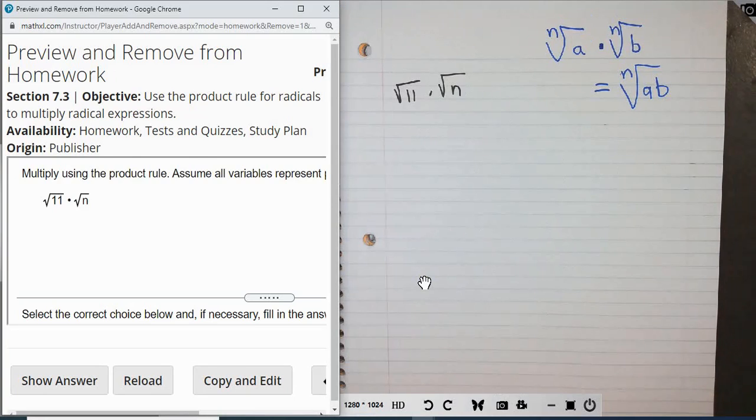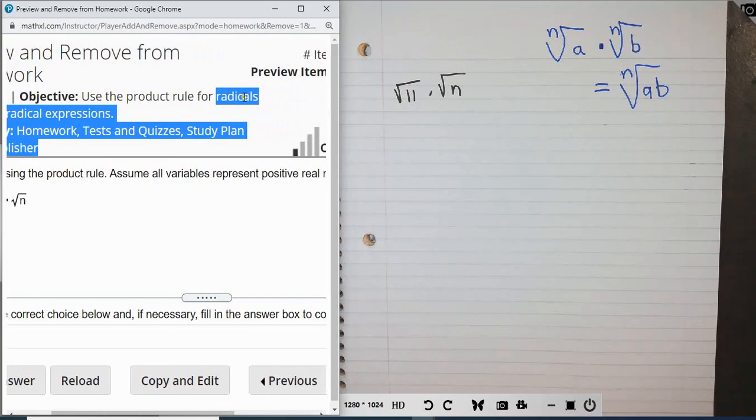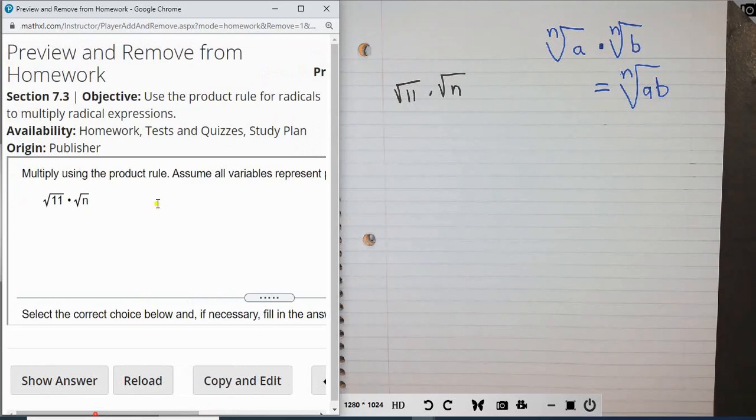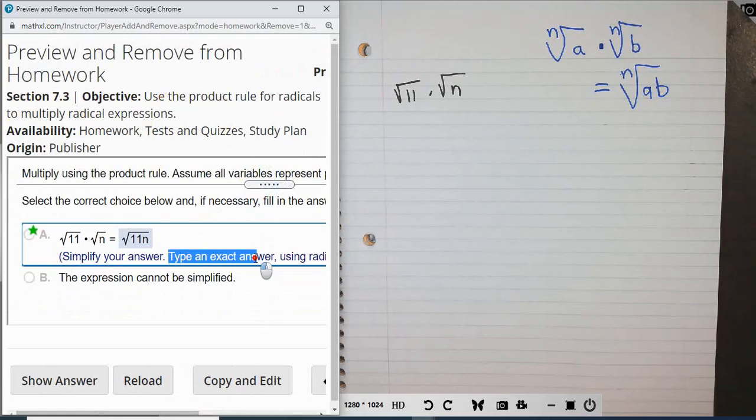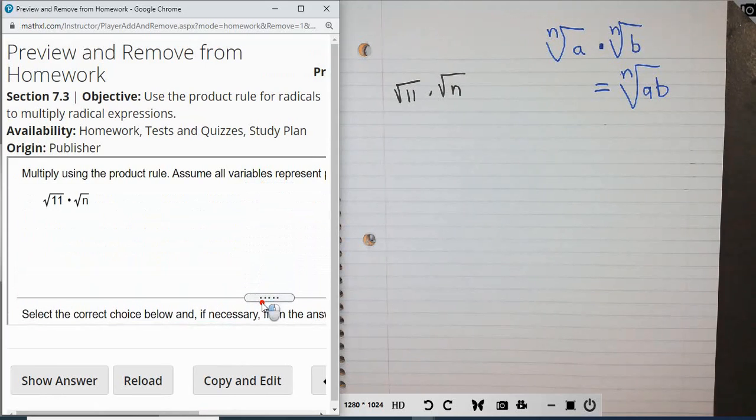All right, so the next one that we're going to come across on the final exam is going to look like this. Notice again, in the objective it says to use the product rule for radicals here, okay? And also, if we were to scroll down, notice it says to simplify the answer and type an exact answer using radicals as necessary, right?